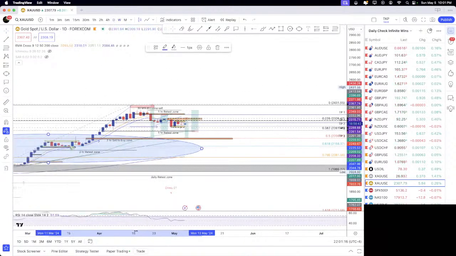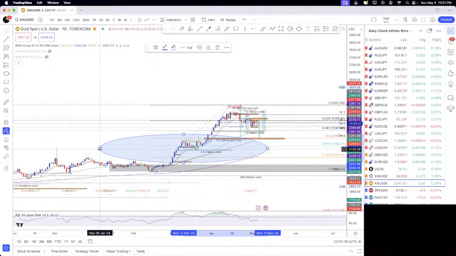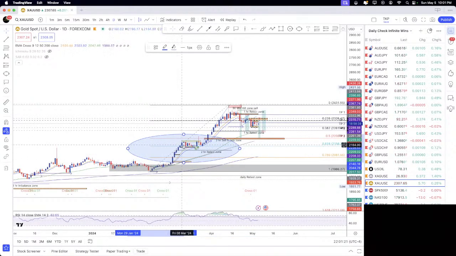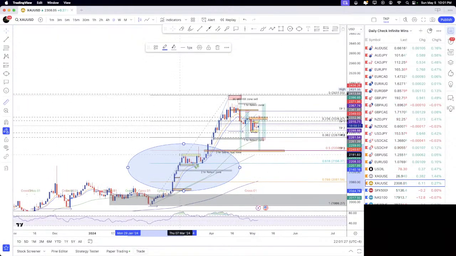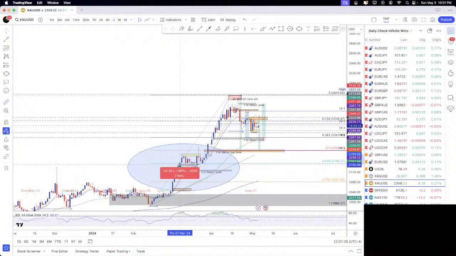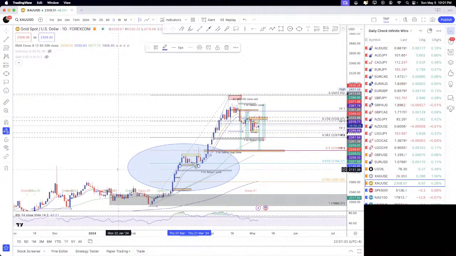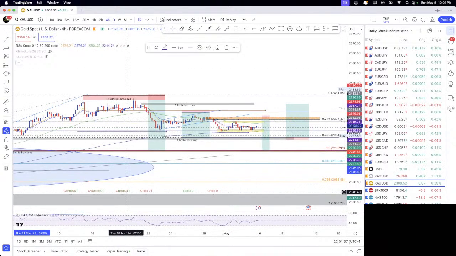Now look at this on the daily. On the daily, it looked like it consolidated where it moved in range. What is that? About 100 pips? Nah, that's 48 pips. It traveled in range. 48 pip range.